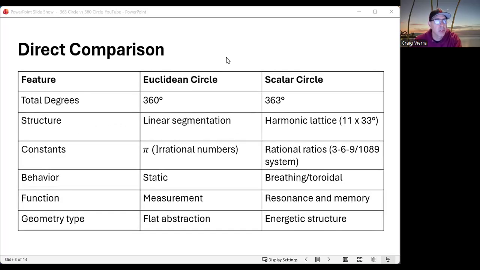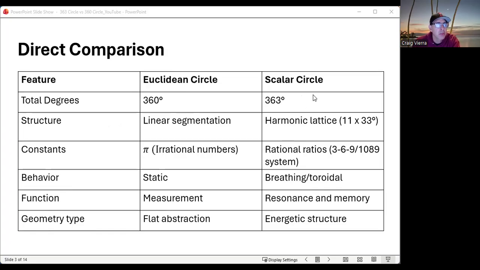Now, I made this particular table so that we can do a quick comparison between the differences. I'm going to refer to the Euclidean circle as our traditional circle at 360 degrees, and the scalar circle is in reference to using a 363 degree coordinate system. The Euclidean circle has a linear segmentation as opposed to a harmonic lattice.